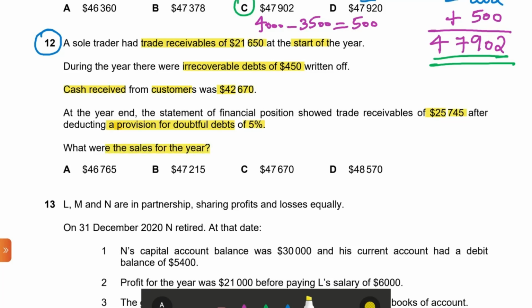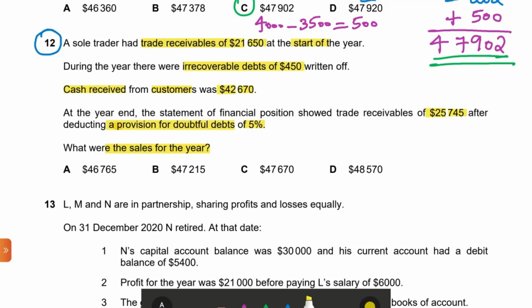So here we have to calculate the sales for the year. How to calculate the sales for the year? Either we can prepare the control account or by equation we can do it. Sales for the year is equal to opening receivables plus cash received from customers plus bad debt minus closing receivables.